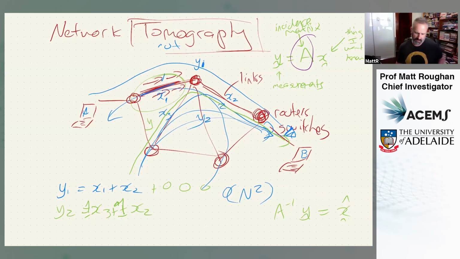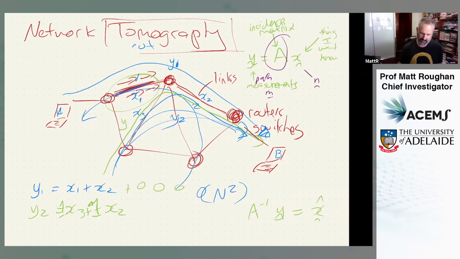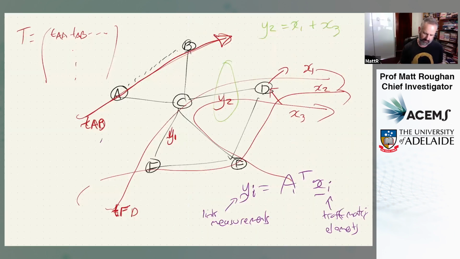And here we have path measurements. So if you have n paths, this will be a length n vector. If you have n edges, this will be length n, whereas this way round, y will be length n, and x will be length n.